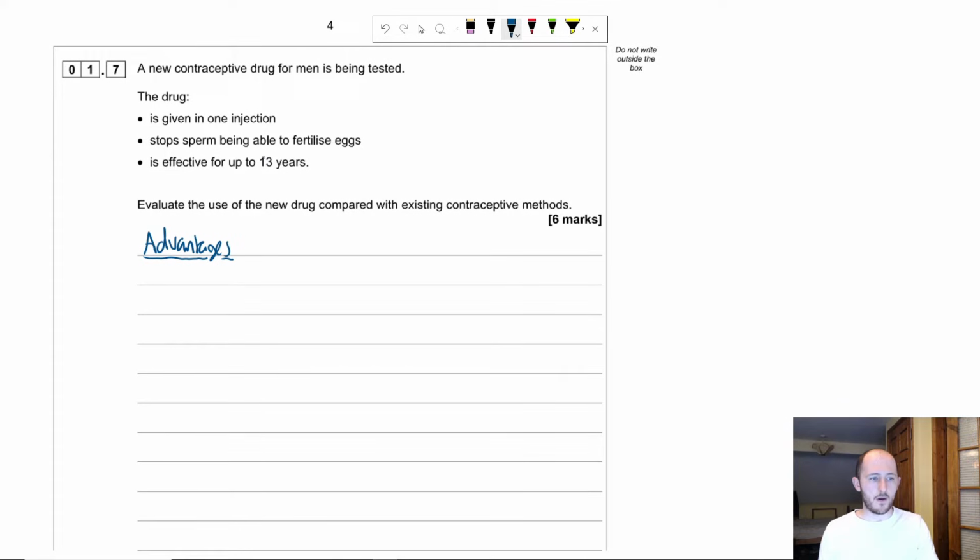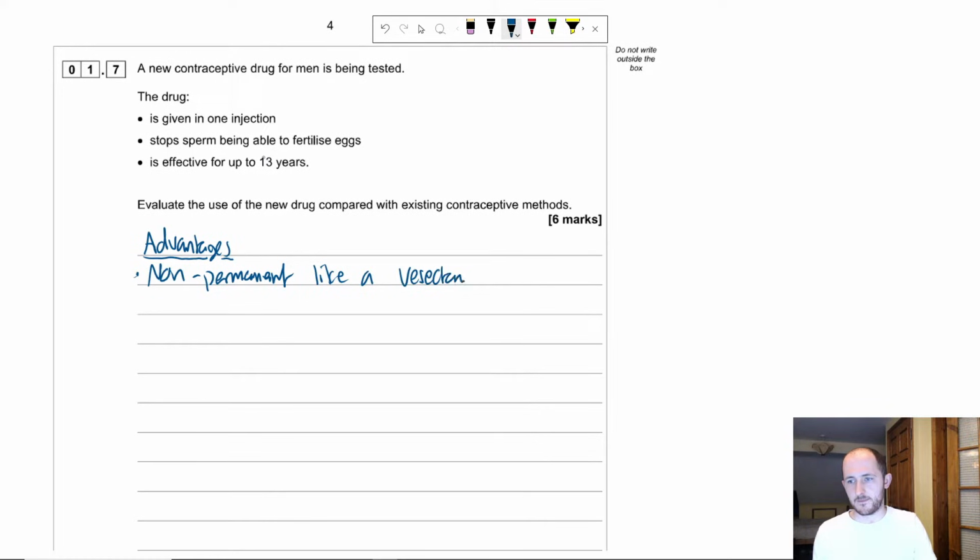Let's think. Well, first one is that it's non-permanent, right? So it only lasts for 13 years or up to 13 years. And the reason why I say non-permanent is, okay, which ones are actually permanent? Well, it's called surgical sterilization, or as you may have heard it referenced, a vasectomy.